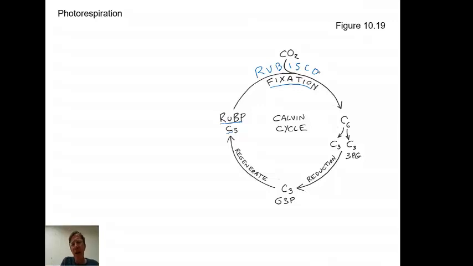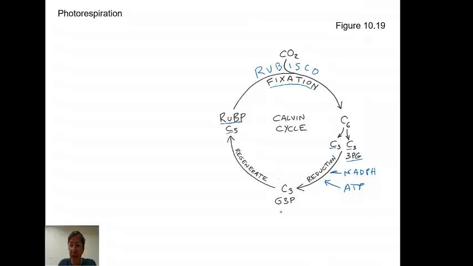Now, this is a really simplified diagram, but the 6-carbon molecule that's created gets split into two C3 molecules called 3-phosphoglycerate. Then in the next step, those are reduced. This is really where the NADPH and the ATP from the light reaction come into play: ATP to provide energy to make these reactions happen, and NADPH as an electron source.